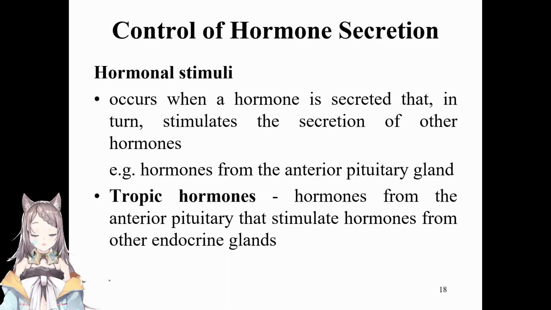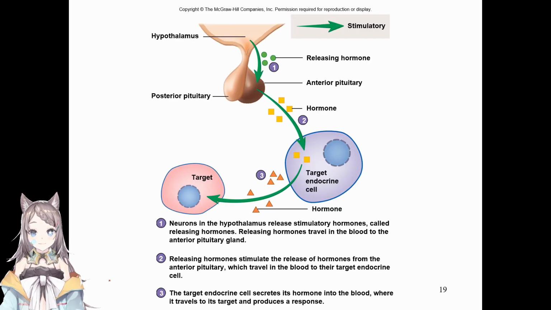And lastly, we have our hormonal stimuli. These occur when a hormone is secreted and stimulates secretion of other hormones. So most of these come from the anterior pituitary gland. So we have our tropic hormones from the anterior pituitary gland that stimulate hormones from other endocrine glands. Okay, so this is the diagram of how stimulatory hormones work.